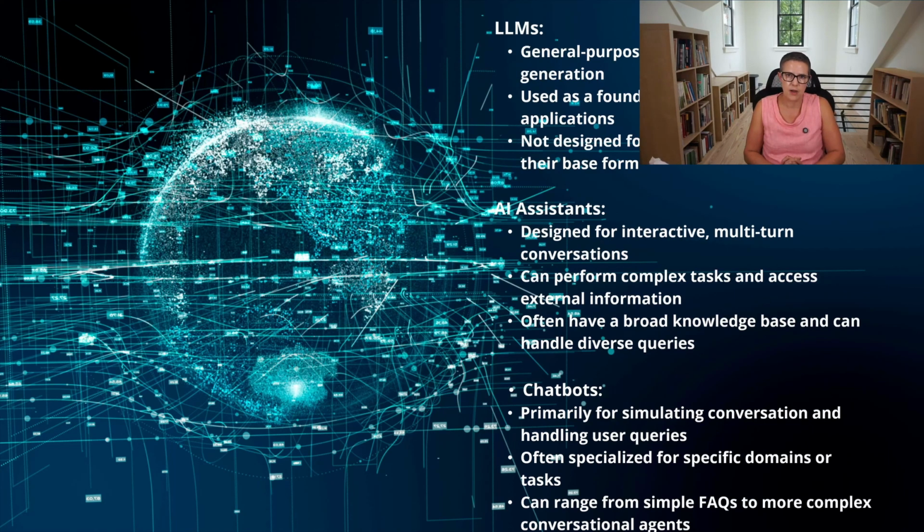They can perform complex tasks and access external information. They often have a broad knowledge base and can handle diverse queries. Chatbots are primarily used for simulating conversation and handling user queries. They're often specialized for specific domains or tasks. They can range from simple FAQs to more complex conversational agents.